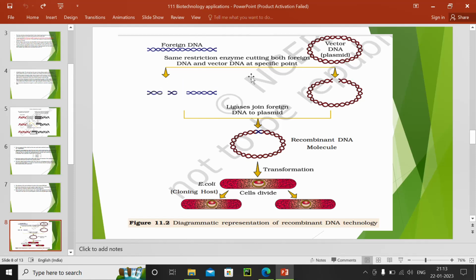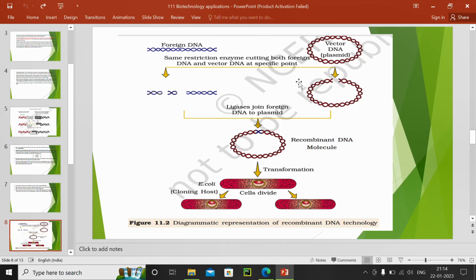The specific restriction enzyme cuts at that particular site. After cutting, it forms the sticky end. Here is a sticky end, again here is a sticky end, here is a sticky end, and here is a sticky end. These are the four corners of sticky ends.